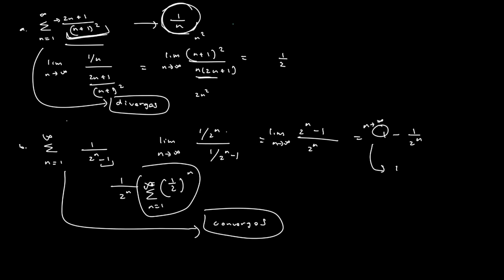So let's work on our second comparison test. The second comparison test is called the direct comparison test. Again, this comparison test is very similar to the direct comparison test for integrals.